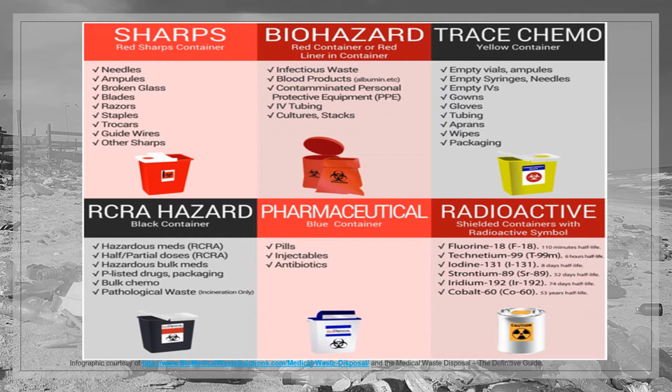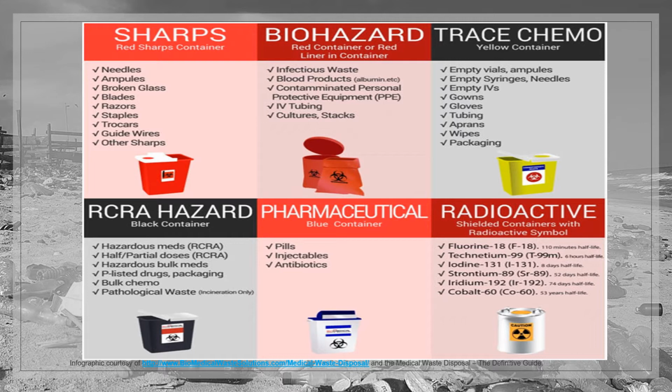So this hazardous waste is the waste that appears on the lists under the United States Environmental Protection Agency that require certain ways of removing and eliminating it. So it will be things like hazardous bulk meds, P-listed drugs, bulk chemo, or even pathological waste.